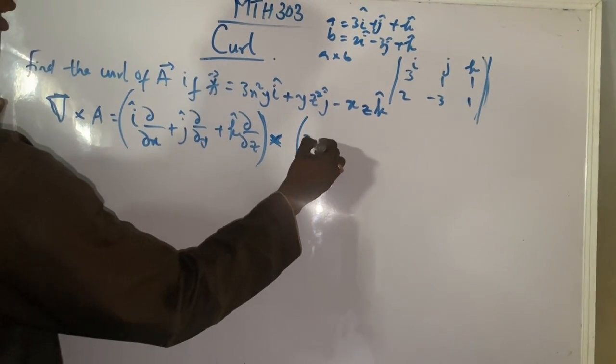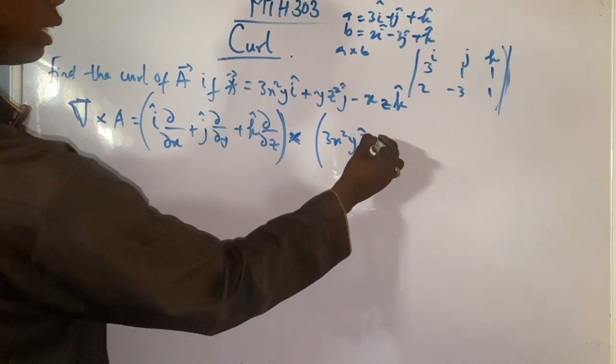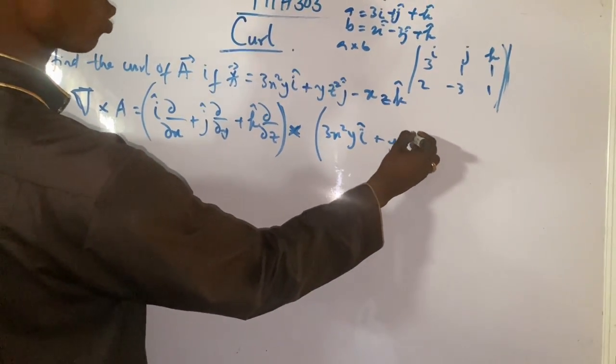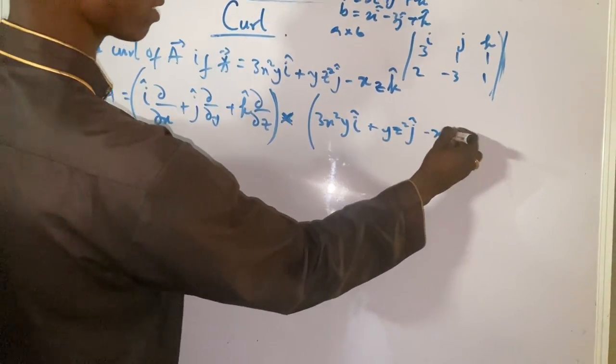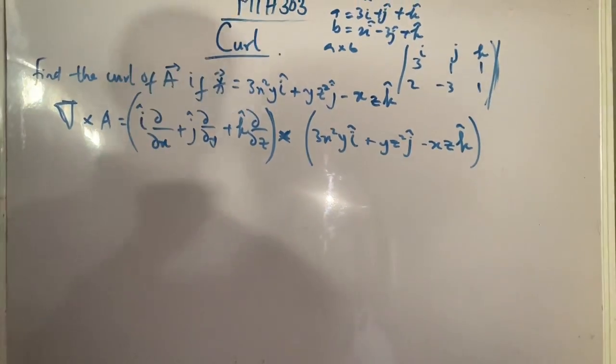That is 3x squared y i plus yz squared j minus xz k.